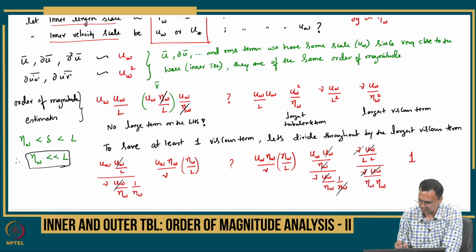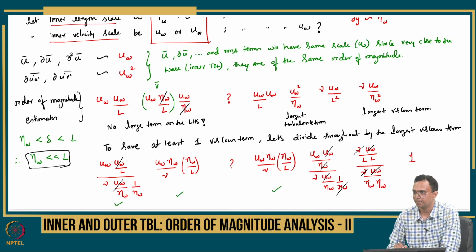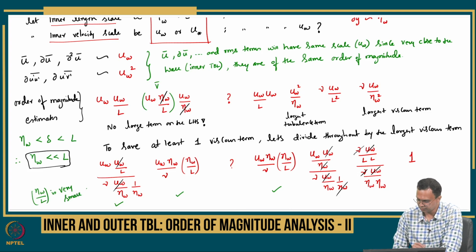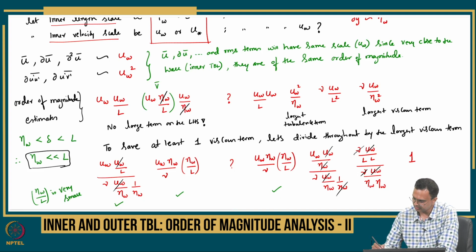So if I rewrite here, these 3 terms are the same. All these 3 are of the same value and eta w by L is very small. Okay, so eta w by L is very small and therefore they are negligible here. All these 3 terms are negligible, eta w by L, and this particular term is eta w square by L square.